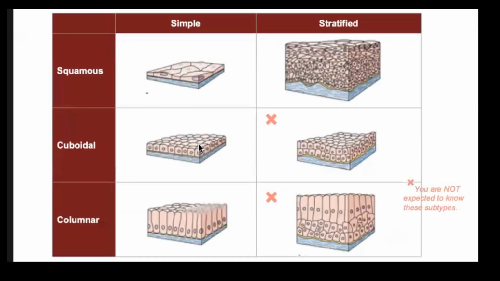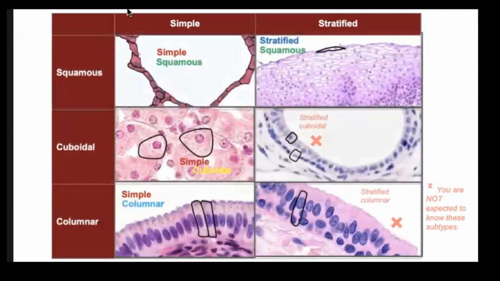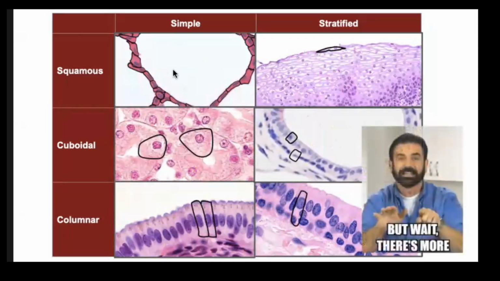Mush all of them together. Wow, six different types. You only need to know four of them: simple squamous, simple cuboidal, simple columnar, and stratified squamous. So here are examples of these tissues in actual pictures and not drawings. But yeah, as always, there's always more.